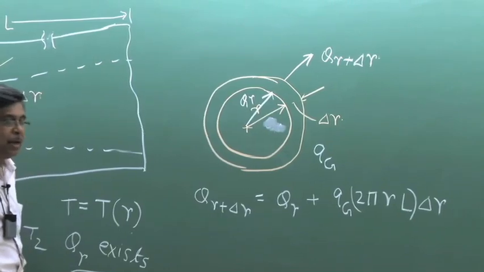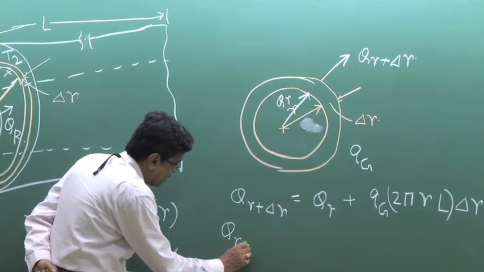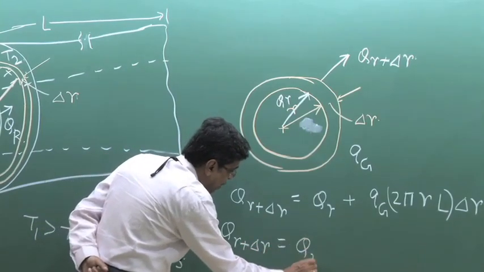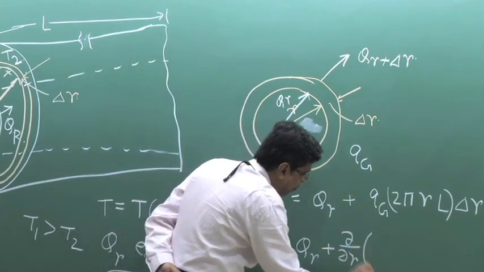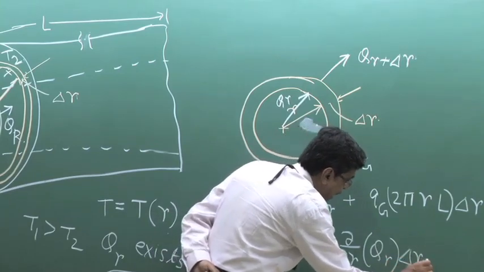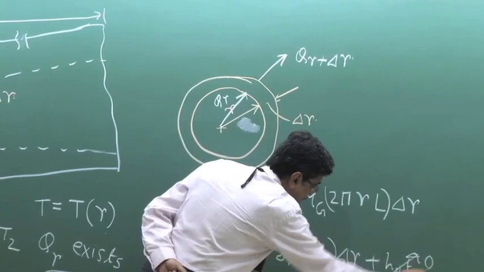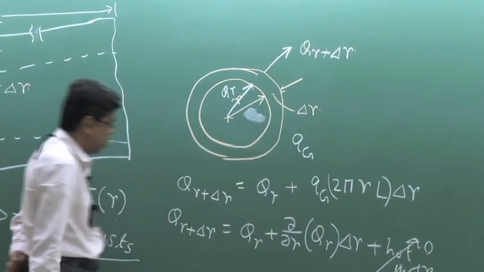Now, if you write by Taylor series expansion, QR plus delta R is QR plus del del R of QR delta r plus higher order terms in delta r, which we neglect because delta r is very small.